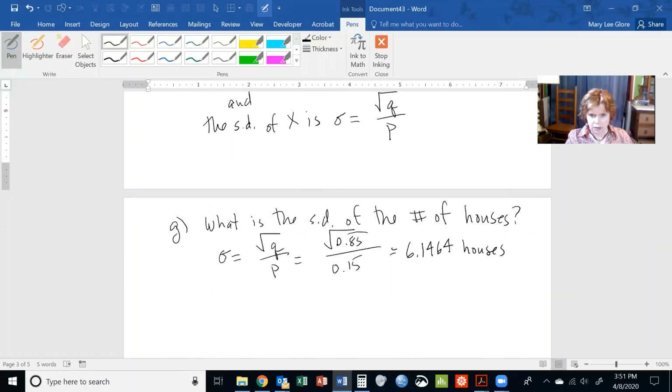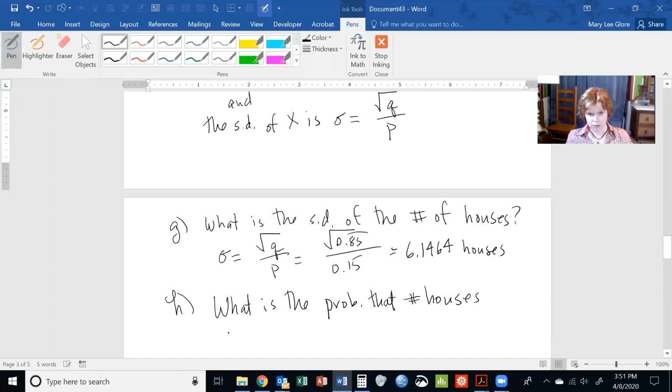All right, so according to the empirical rule, 95% of observations should be within 2 standard deviations of the mean. So let's find out the probability that the number of houses he visits is within 2 standard deviations of the mean.